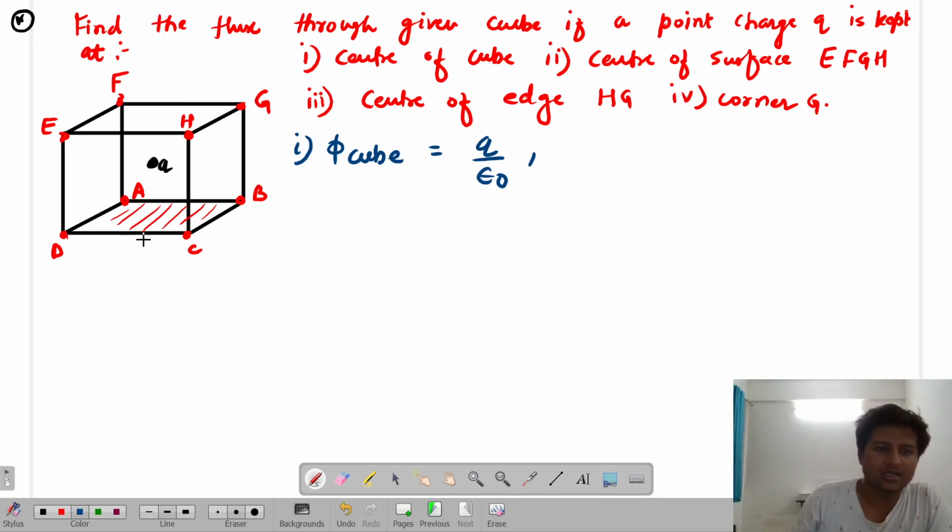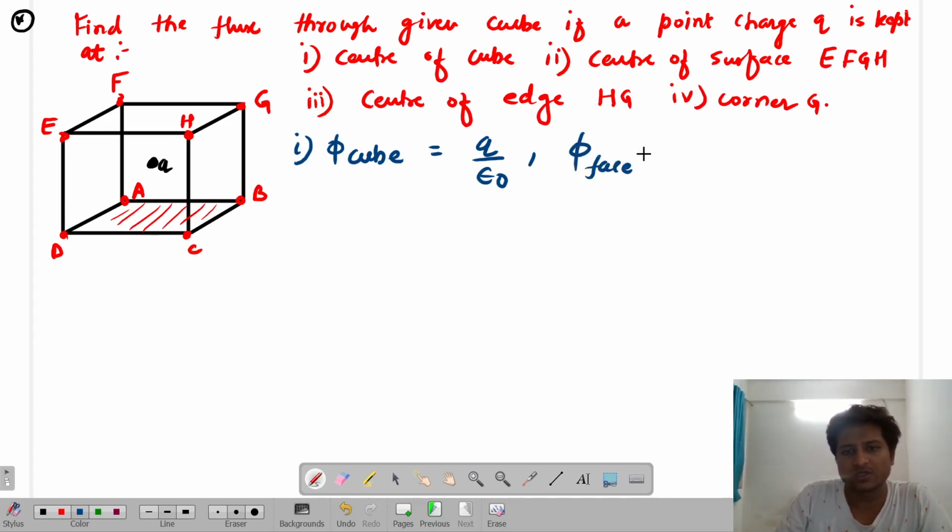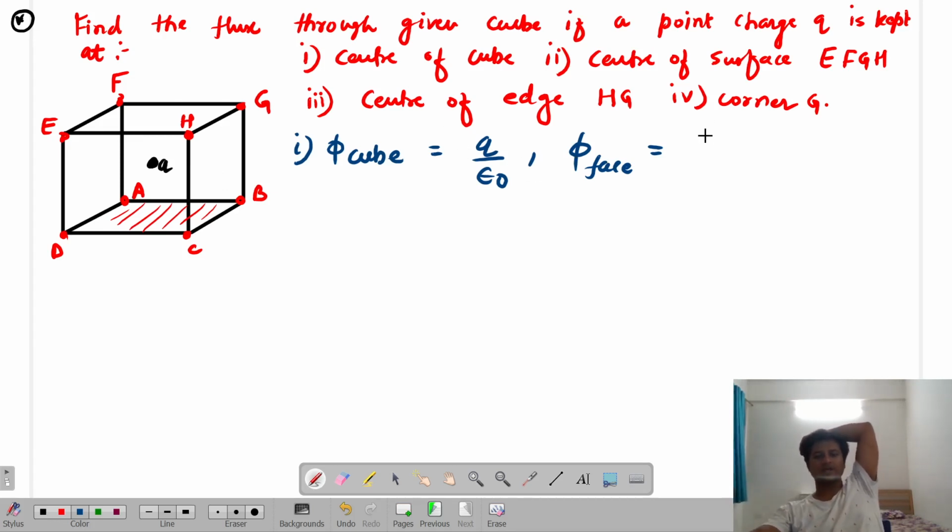If someone had asked to find the flux through one of the faces, what will it be? Since the whole surface is divided into six parts, six faces, this whole flux will be divided among the six faces in a symmetrical way.